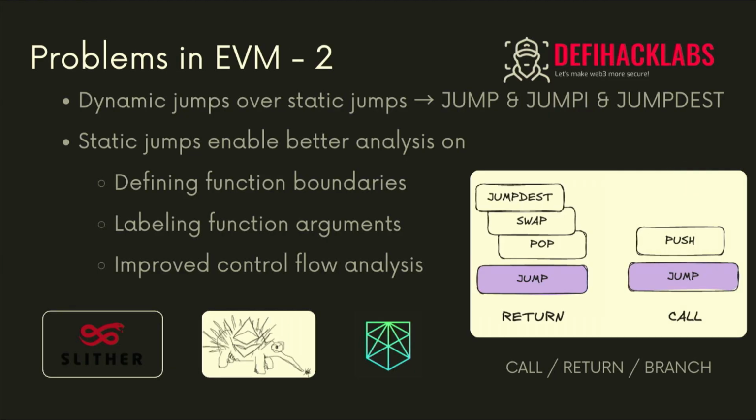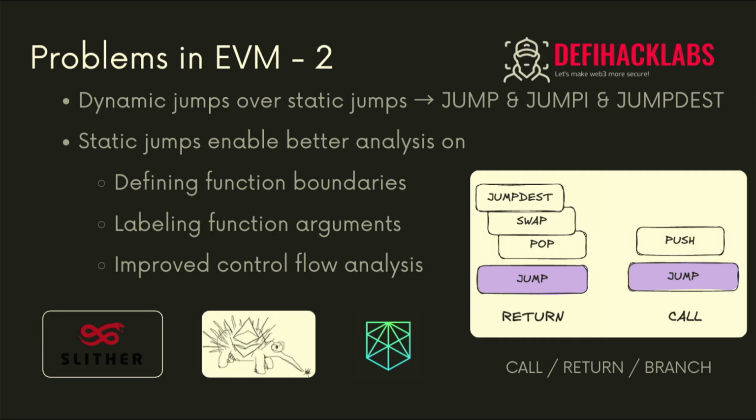Let's go to the second problem in legacy EVM. The second problem is that EVM uses dynamic jumps over static jumps. And the relevant operations are JUMP and JUMPI for conditional jump, and JUMPDEST. And if we want to do better program analysis, static jumps would be more helpful.